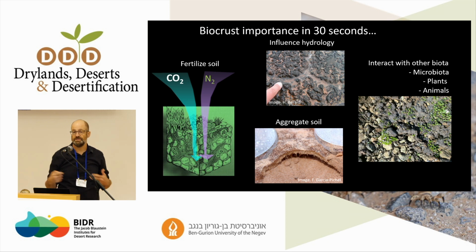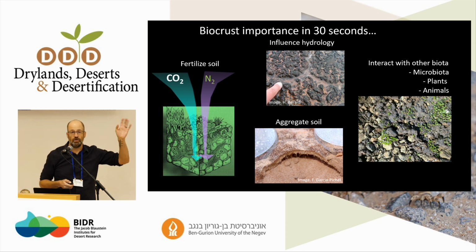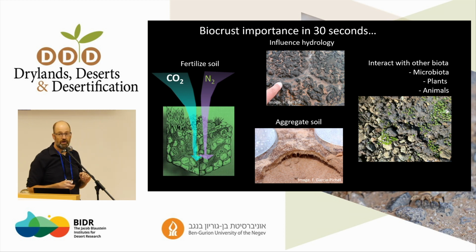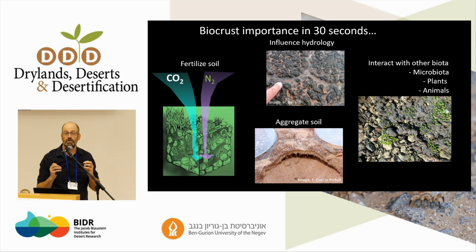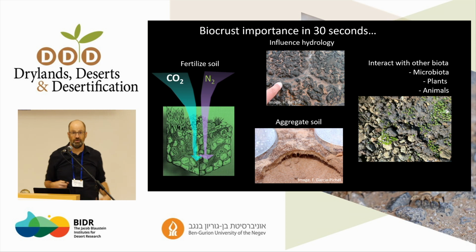They can influence the infiltration and runoff balance, the capture of non-rainfall water, and also soil water retention. Perhaps their most characteristic function is aggregating soil and thereby protecting against erosion. And then finally, they're also strong interactors with other biota. They can really shape microbial communities and steer plant community development one way or another.